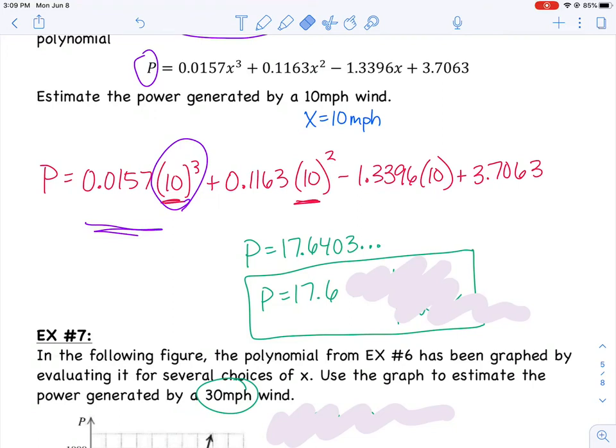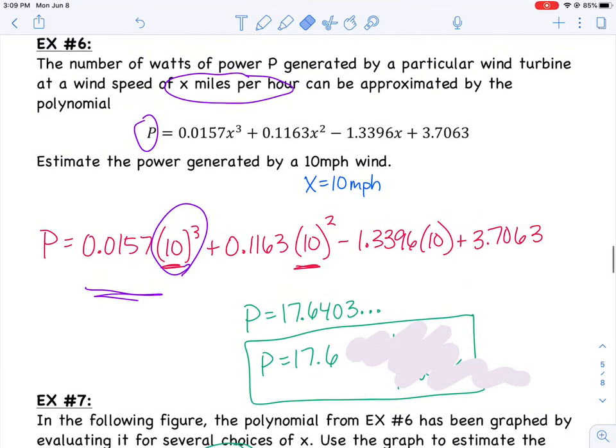Now, if this were a word problem, I would really like you to explain to me what our answer means in words. So great, we got 17.6, but who cares if it doesn't really mean anything, right? So let's put some words to this answer. What does the 17.6 mean in context to this problem? Well, the 17.6 was our P, and what did the P represent in this scenario?